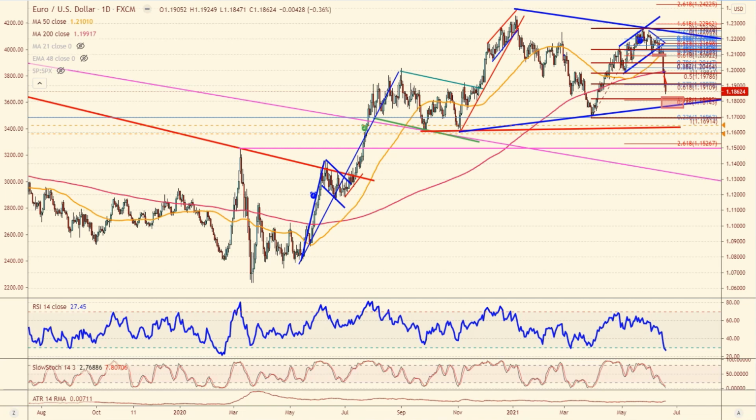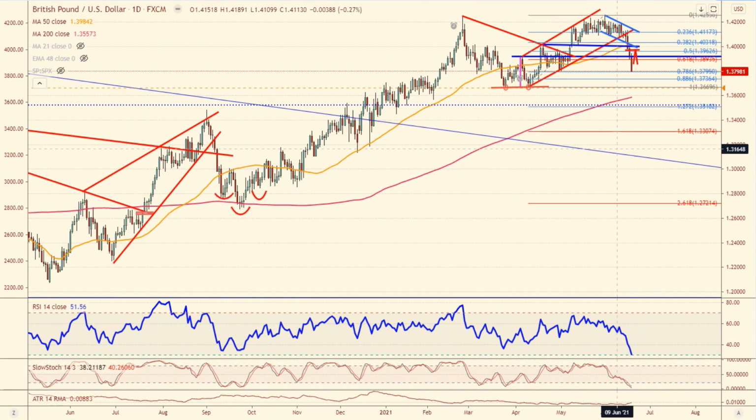All right. So the other couple things that are happening at the end of this week, we have German PMIs and Eurozone PMIs on Wednesday. On Thursday, we have the Bank of England rate decision. And if you look at the sterling, we have a big double top setting up here.